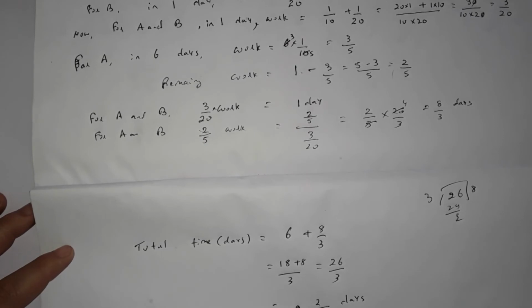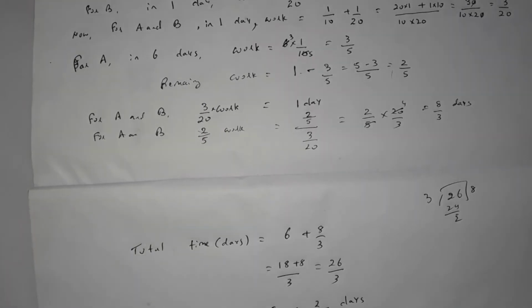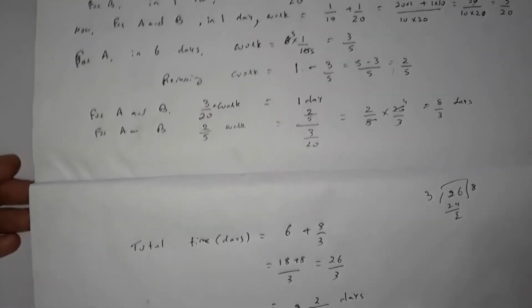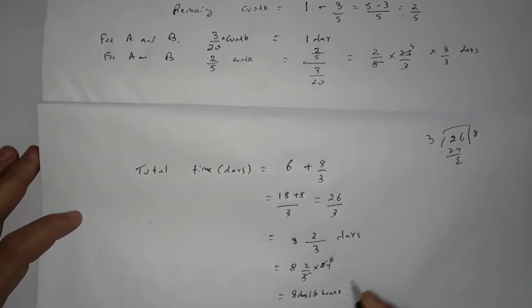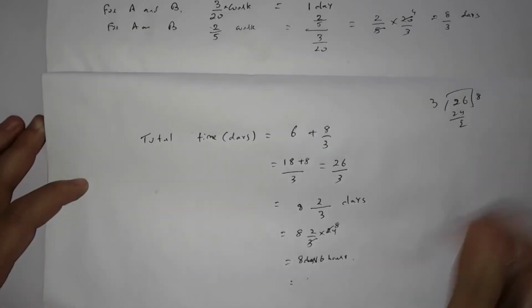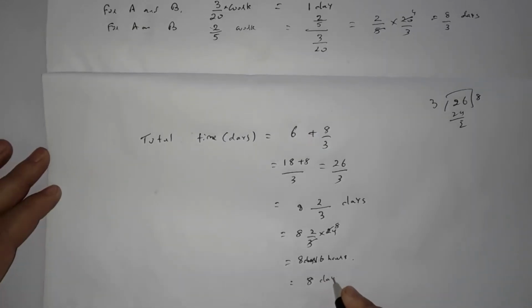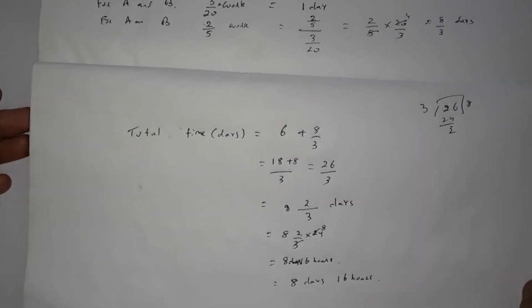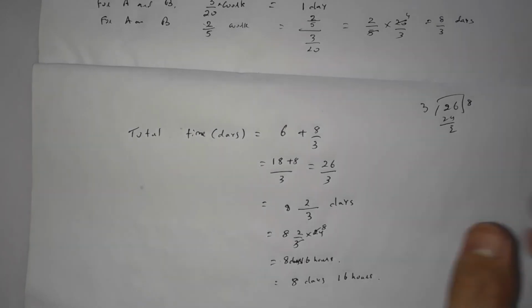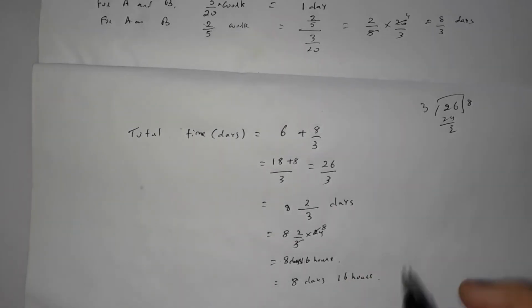It's called 8 days, 16 hours. 3 eights, and 2 by 3 of 24 is 16. So this is the answer: 8 days and 16 hours. So the total time taken by A and B is 8 days, 16 hours.